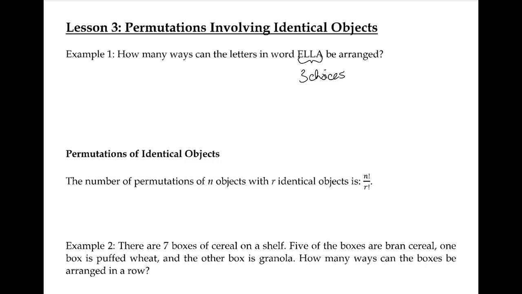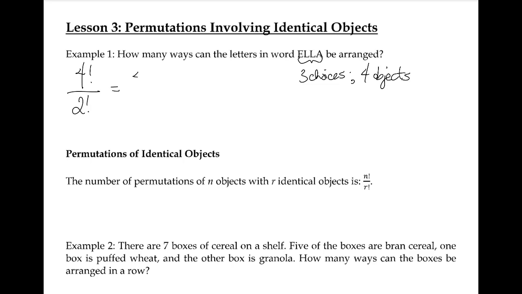So we have 4 objects to pick from. So 4 is my initial, so I'm still going to work with that. But I have L, and there are 2 repeaters of it. So I would divide by 2 factorial.